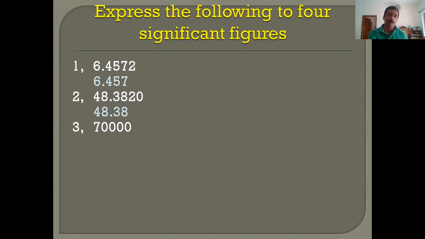So if you want to write it in scientific notation, how can you write it? 7.000, 4 significant figures, into 10 raised to 4.